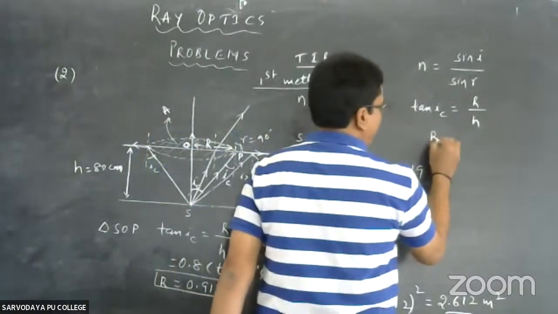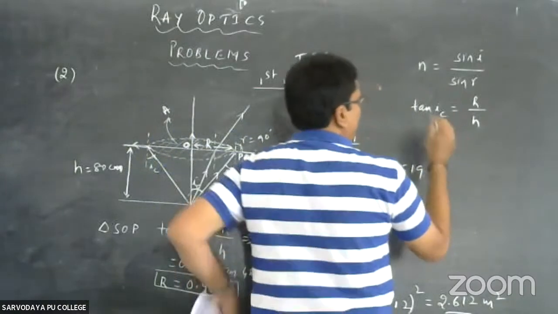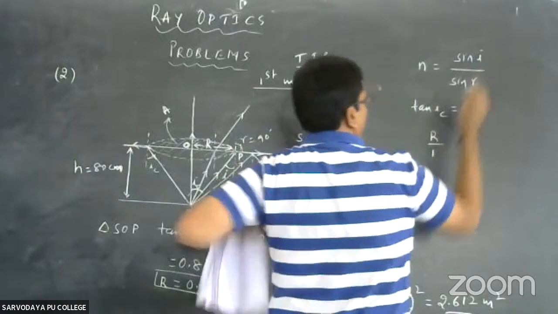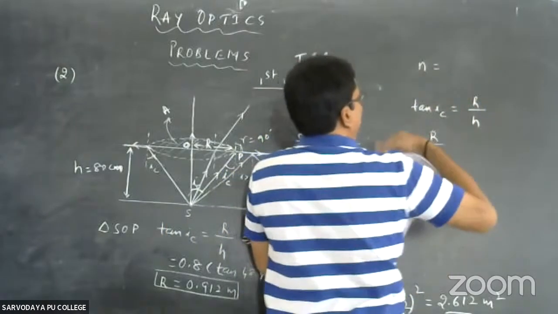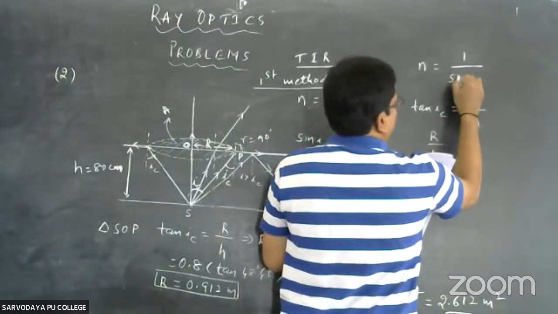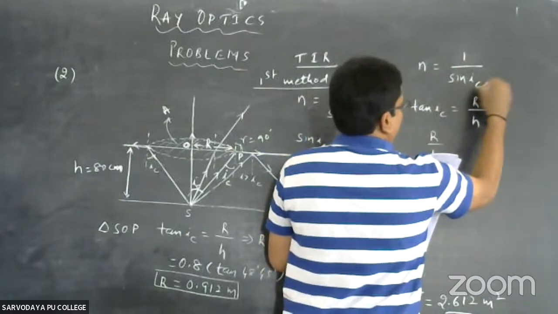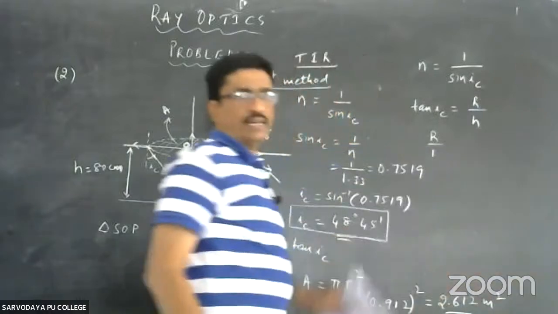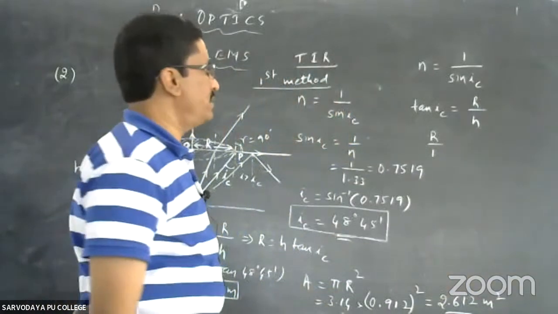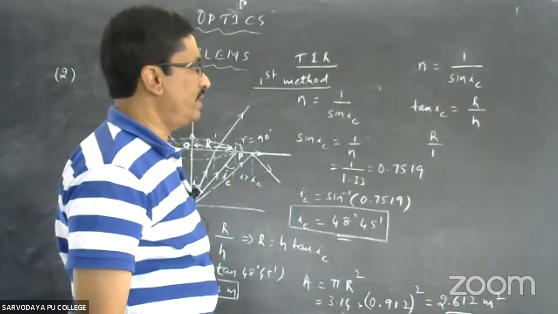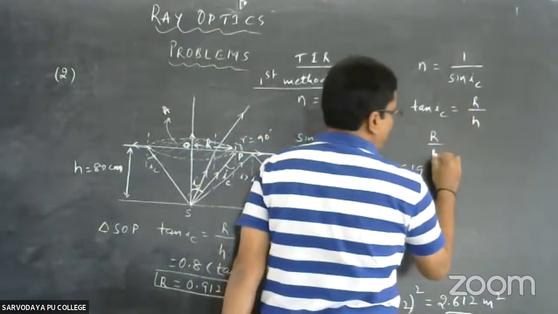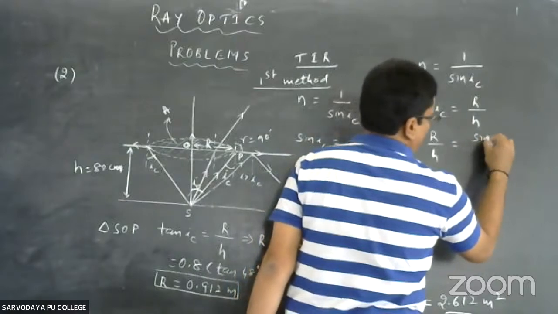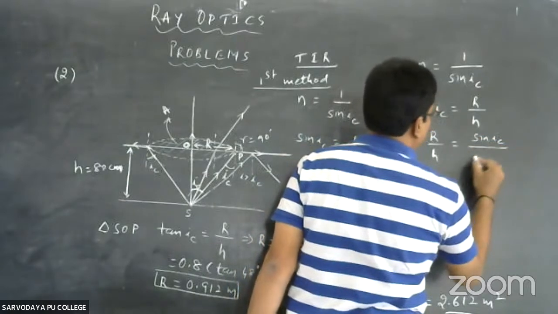Once it becomes equal to the critical angle, n will be equal to 1 over sin IC. This is one formula that you remember, and then tan IC is equal to R by H. Therefore, R by H is equal to sin IC by cos IC.